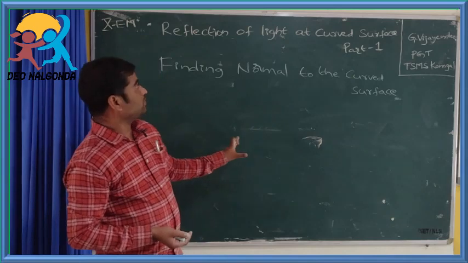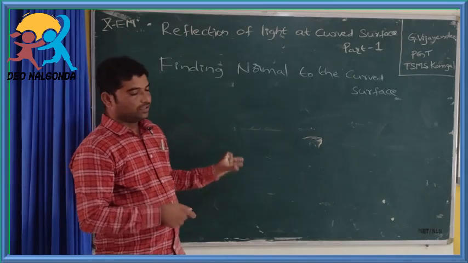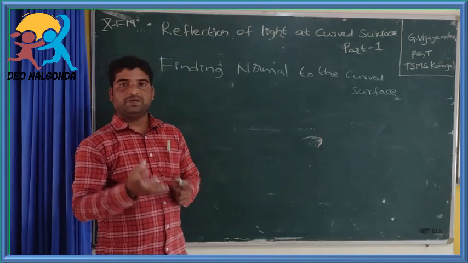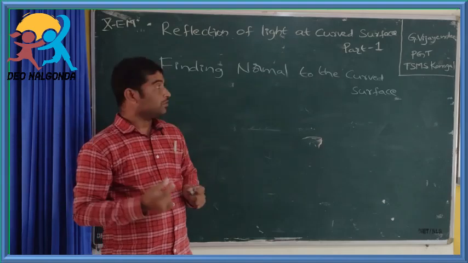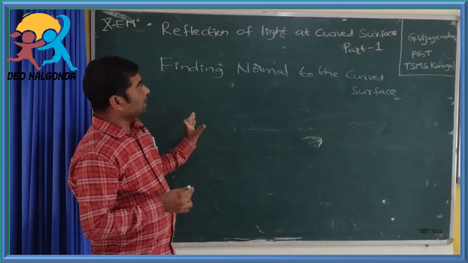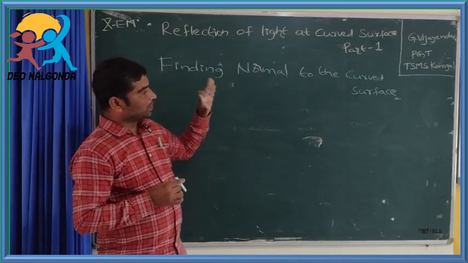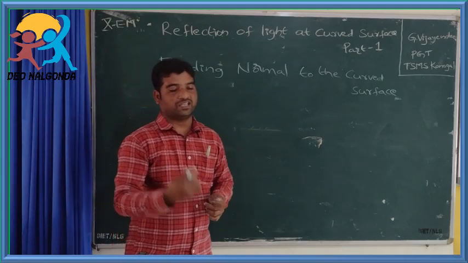In 10th class we are going to learn about the spherical surface. A spherical shape is also a curved shape. So curved means spherical here, and we are going to find the normal to the spherical surface.